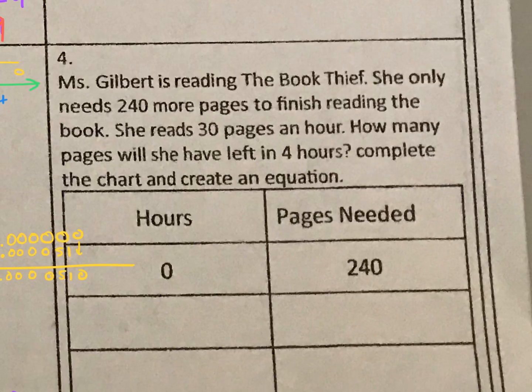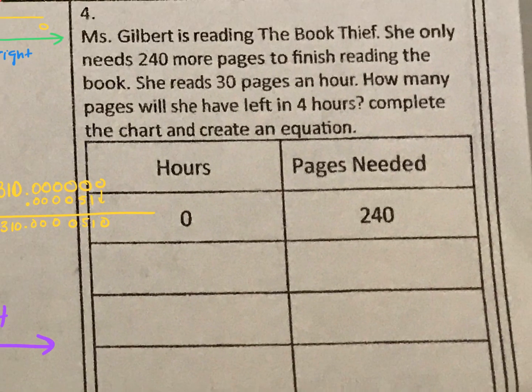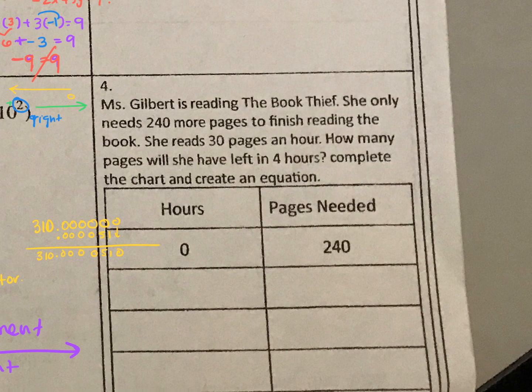All right, let's go to this one. This one's kind of funny. It's easier than you think. So, if you have a book, you just got a book, and you look at it, and it has 240 pages. And she reads 30 pages an hour.